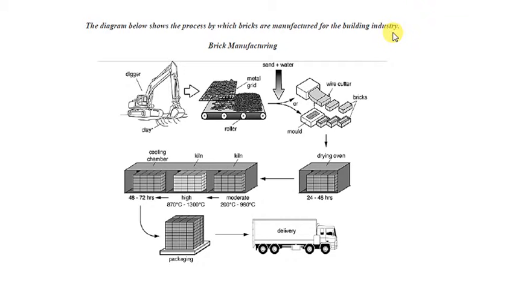We can say that the diagram illustrates, not shows but illustrates, different stages in the process of manufacturing bricks, not which bricks are manufactured, but in the process of manufacturing bricks, from the digging to delivery. So this is a mix of introduction and overall.